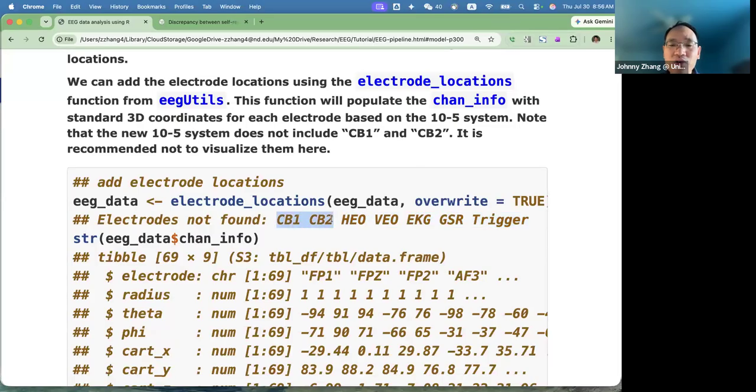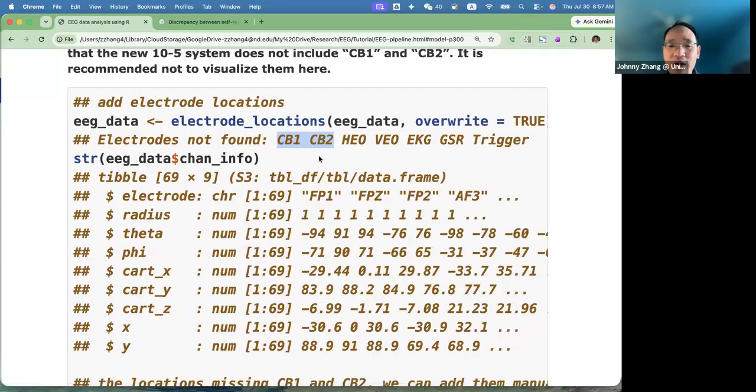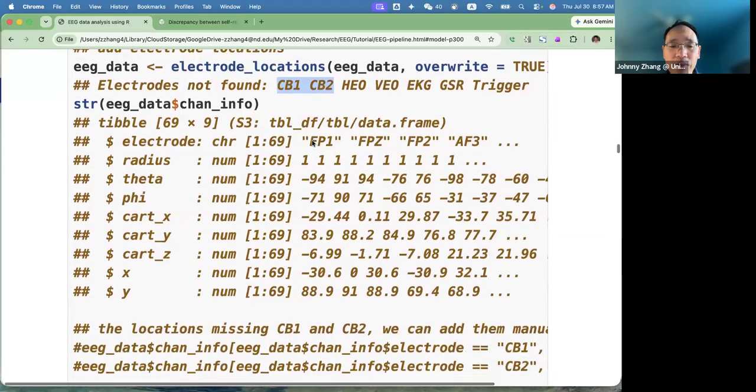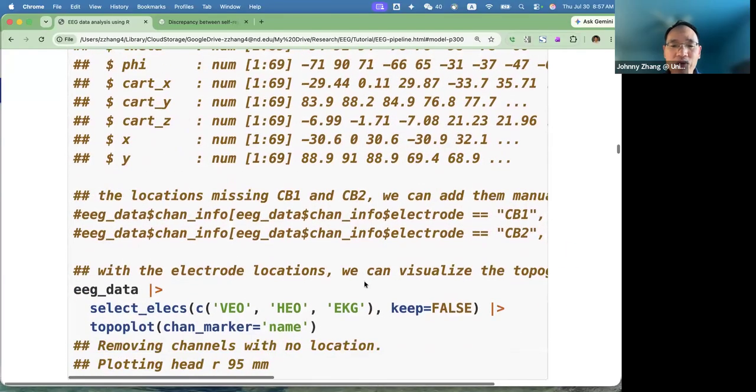And CB1 and CB2 are used in the quick cap, but they are not a part of the standardized 10-5 system, so we don't have this information here either. We can manually add the information, but since those are often used as reference electrodes, we don't really need them. So it's recommended not to include them in data analysis or processing. If you want, you can include them using this, but you don't have to.